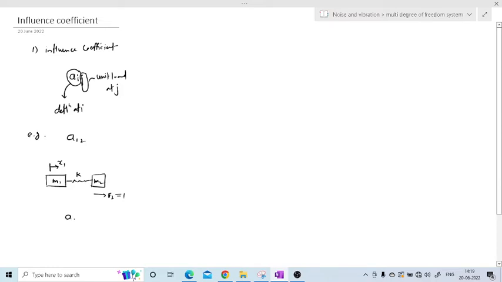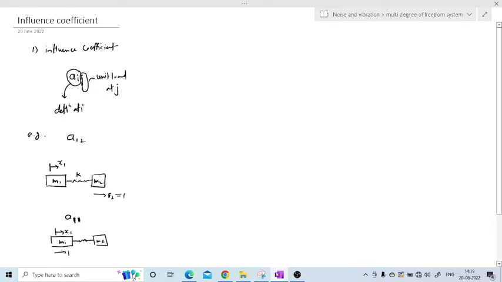We'll consider one more example, A11. From the above condition, mass 1, spring, mass 2, what is this A11? A1 means deflection at 1, but the load we have to apply at 1.